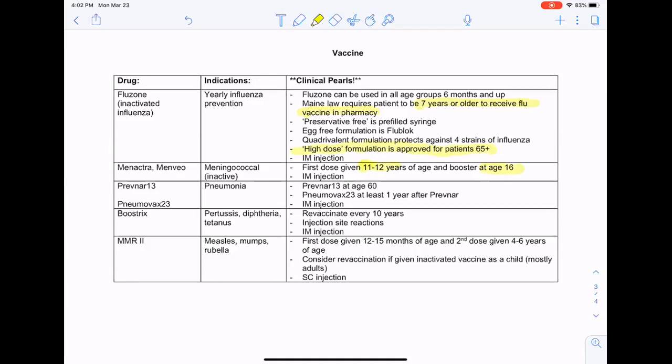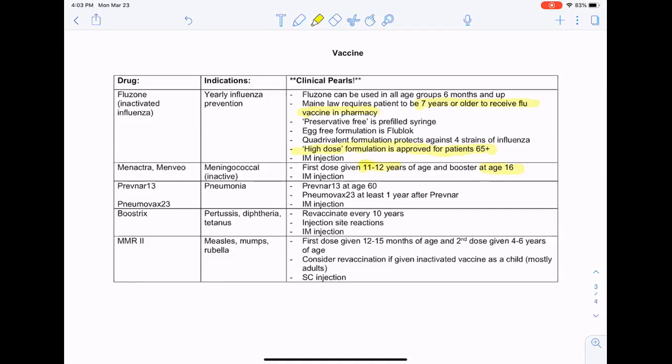Next one is Prevnar 13 and Pneumovax 23. So these are both used for pneumonia. So they're both pneumonia vaccines. The Prevnar vaccine is given at age 60. And then Pneumovax is given 1 year after the Prevnar. So how I like to remember this is that 13 comes before 23.